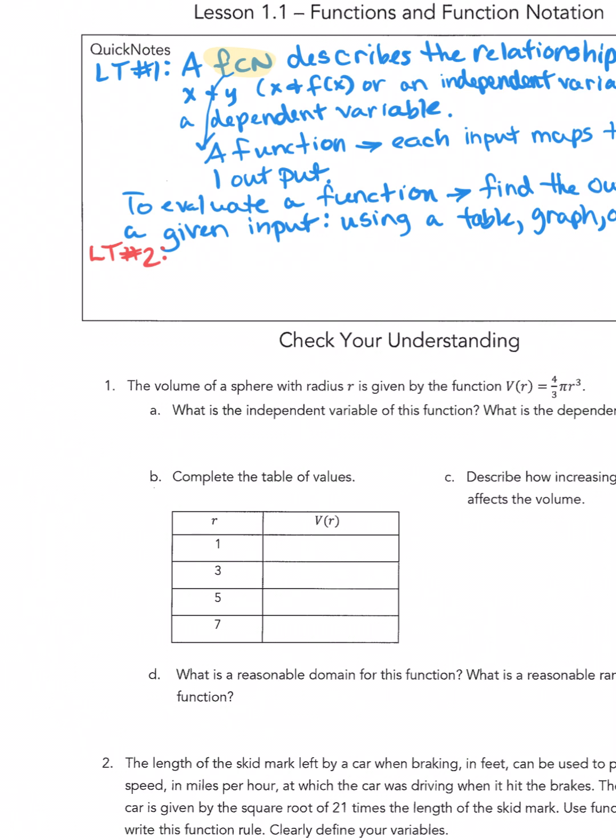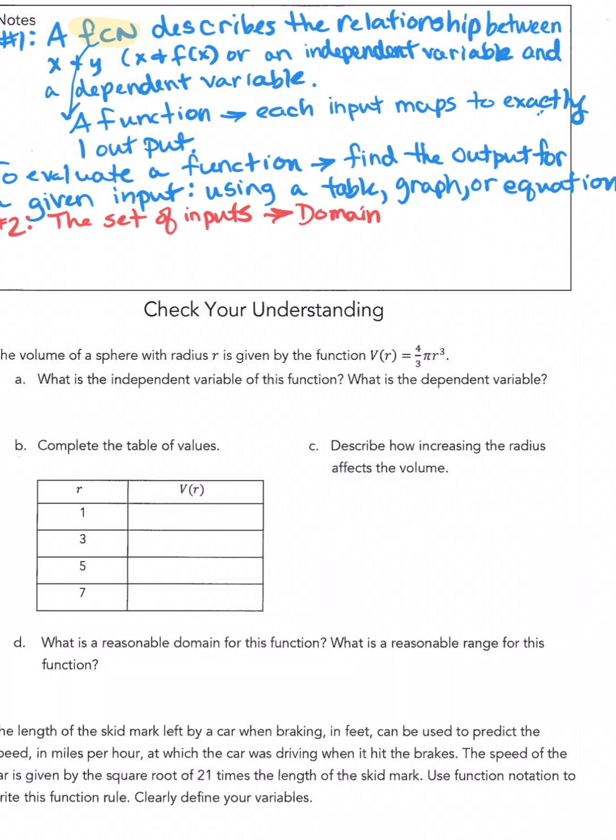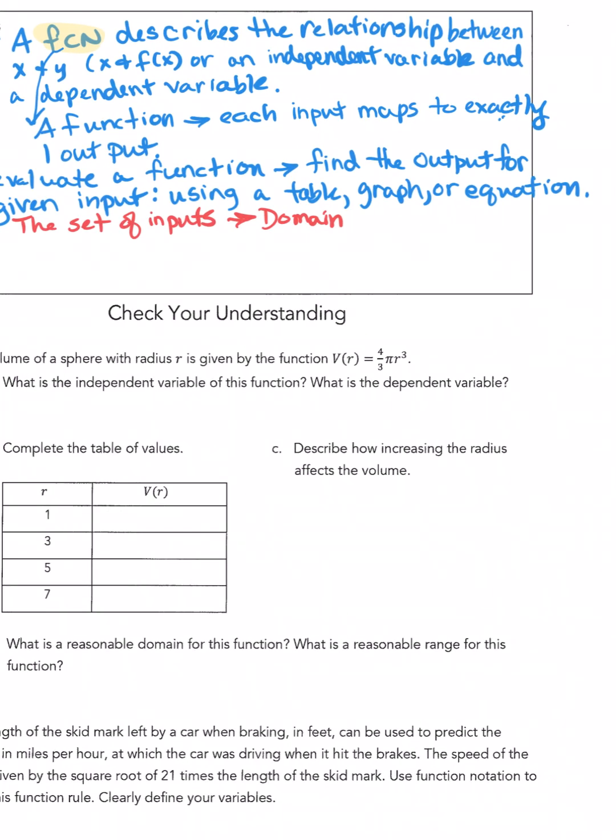Learning target 2, what do we call the inputs? You look at your notes, set of inputs was the domain. And what is the set of outputs? And remember, the domain is the values where the function is actually defined, okay?